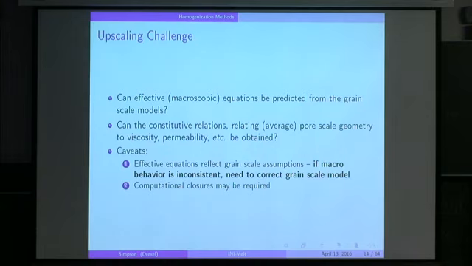There are a couple of caveats here. Our effective equations reflect our grain scale assumptions. If the macro equations are then inconsistent with the field and lab, it says our grain scale model is wrong. And in fact, in light of the other talks in this workshop, that's the takeaway.